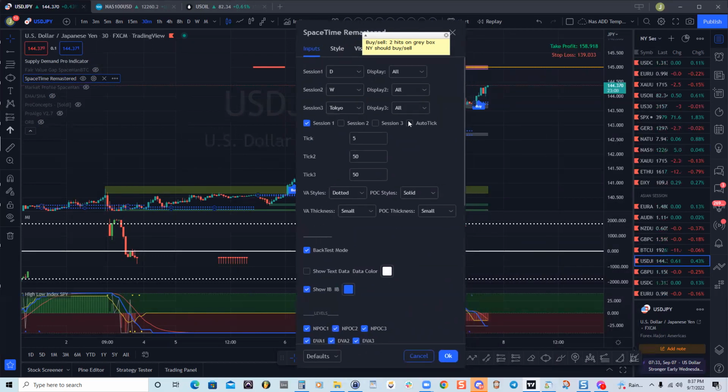Maybe 15. Should we try 15? Lower is normally closer together. I put it down to 1. Auto tick was on at the time though. Auto tick makes it not work.